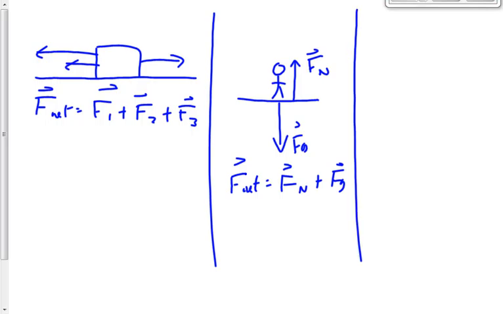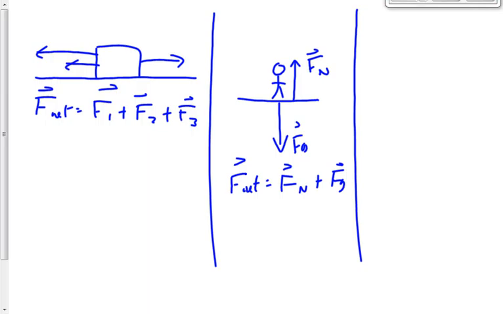Just out of curiosity here, though, a couple quick questions on this one. First of all, is this guy in this elevator accelerating upwards or accelerating downwards from this free body diagram? Can you tell me whether it's accelerating upwards or downwards? Fraser, put your hand up there. Is he accelerating upwards? Why do you say he's accelerating upwards?